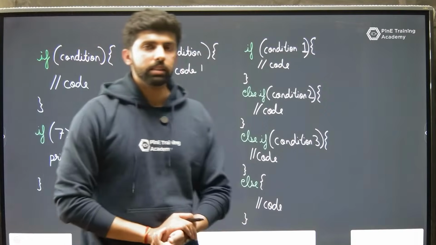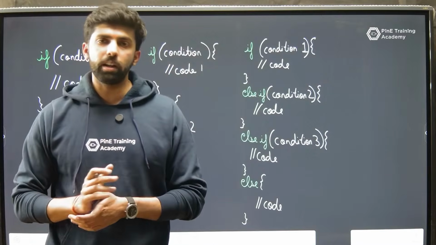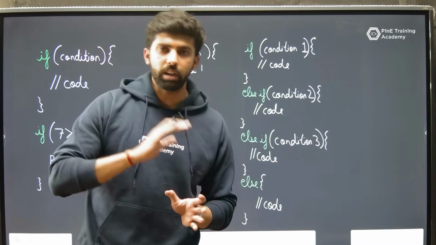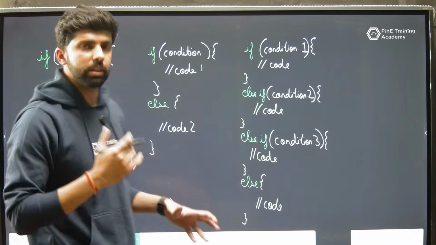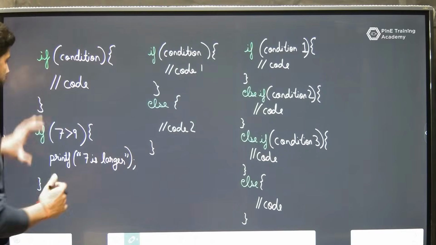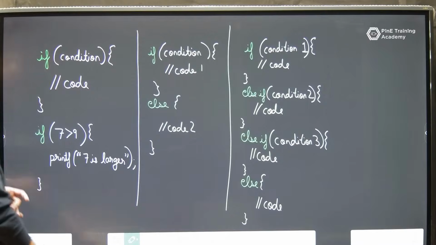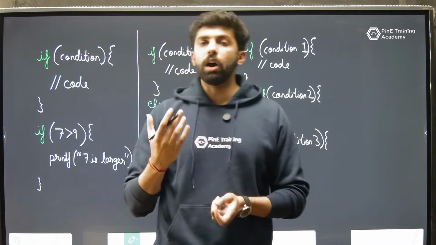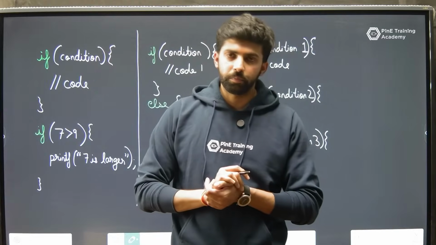Now, in the last class, I already discussed all the operators, but the conditional operator was left, and I told you we will look at it in the next class. Today, let's check how we can use if else. Here I have different cases. So if is something which allows you to run code based on a certain condition.